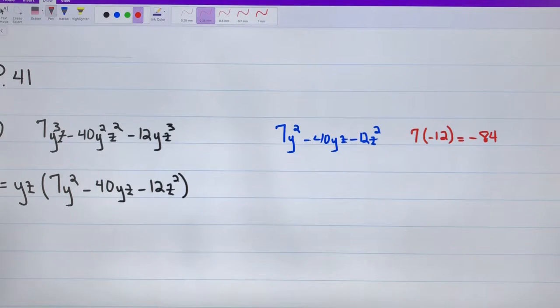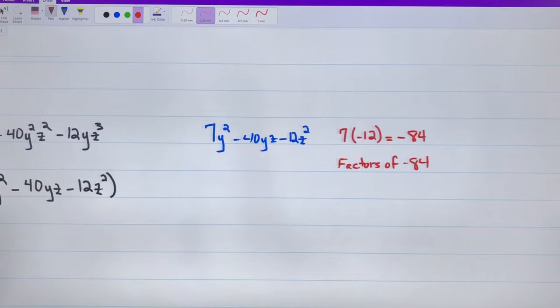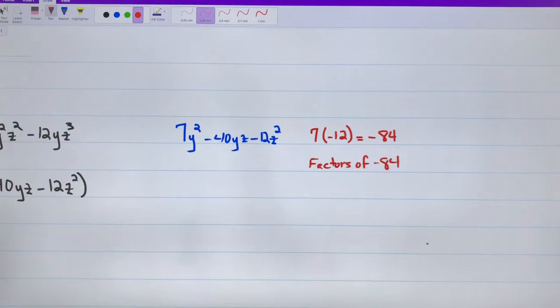Again, we want to determine factors of negative 84 that will add up to minus 40. Of course, 7 and negative 12 will not be that combination. In attaining factors of negative 84 that add up to negative 40, more weight is going to be given to the negative factor than to the positive.